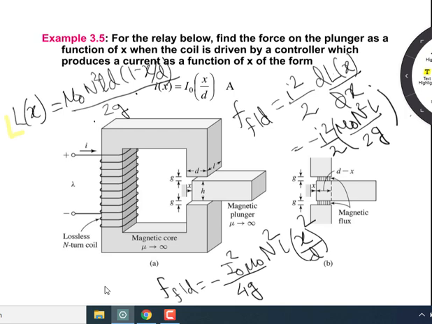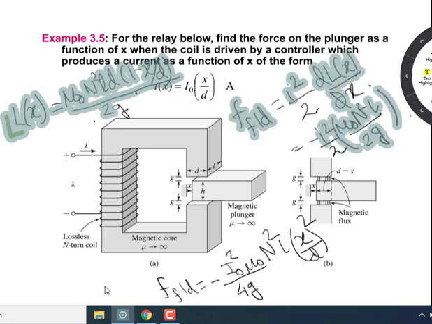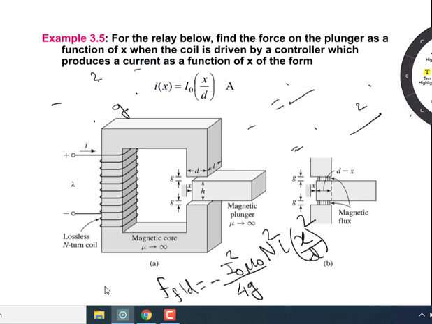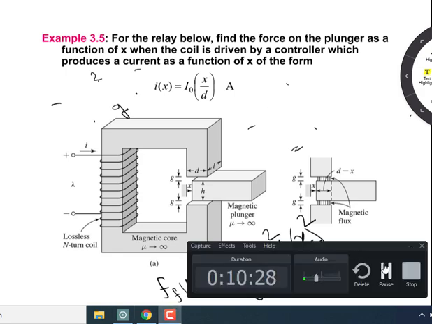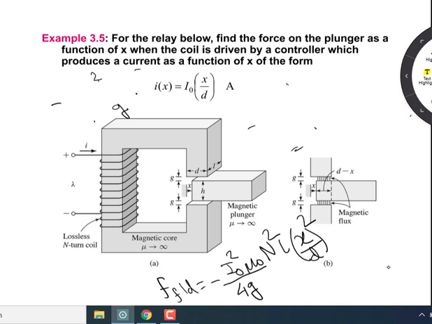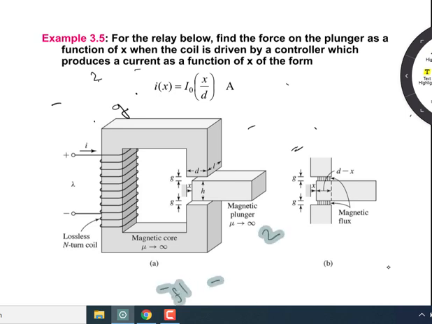So in that case, the co-energy expression will be very similar to the energy.